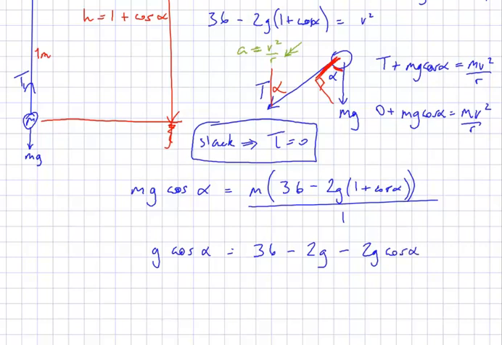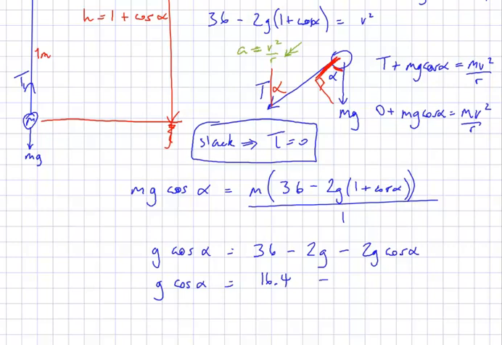I'm trying to isolate the cos alpha to some extent, so that's why I'm now starting to open this up. So 36 minus 2g, g is 9.8, 2 lots of g is going to be 19.6. Taking that away from 36, I end up with, let's just get this right, so I'll keep that g in for the moment. Okay, cos alpha, 36 minus 2g is 16.4.